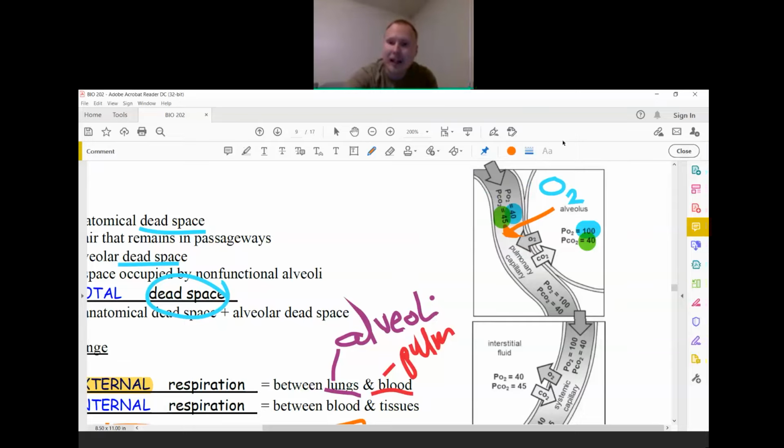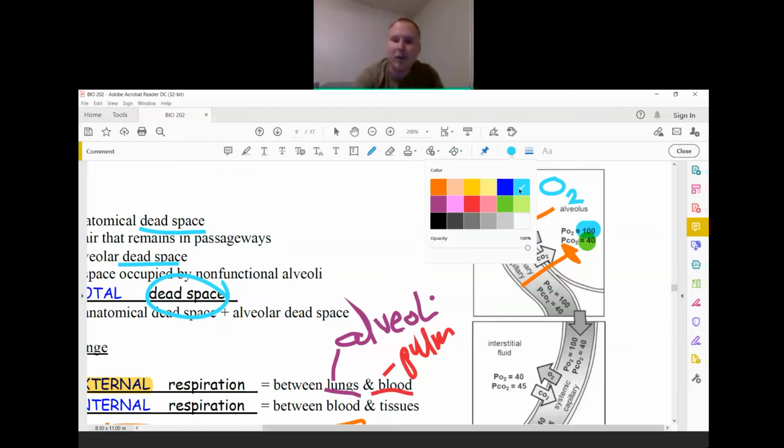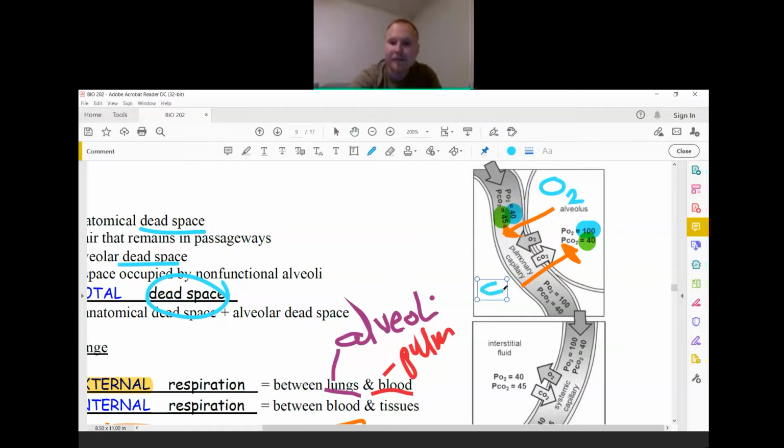Well, this causes the gases to move from the pulmonary capillary blood to the alveoli of the lungs. So they move the opposite way. And this was our explanation for what happens in the external gas exchange.